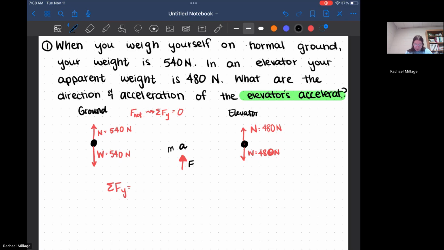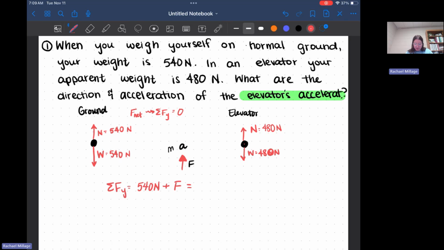So we have our weight of 540 newtons. And then we have this additional force. So when we have our real weight of 540 newtons, we have some sort of additional force. And that is going to cause our weight to change, right?